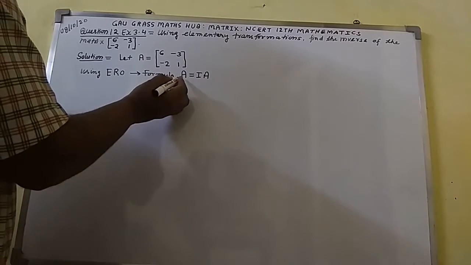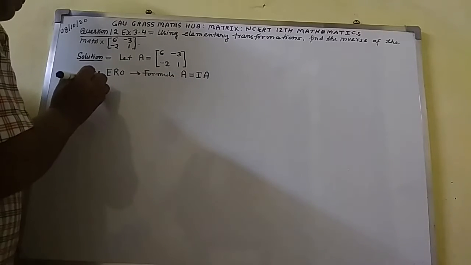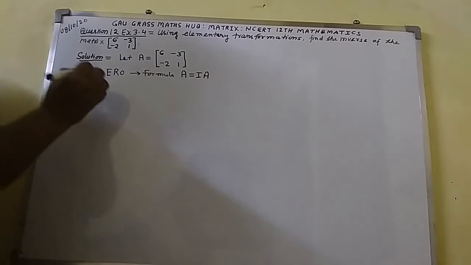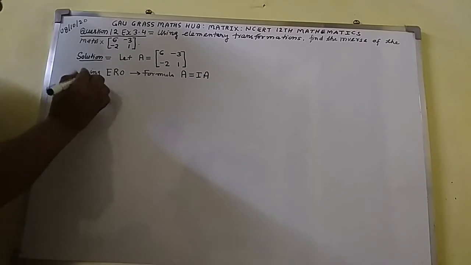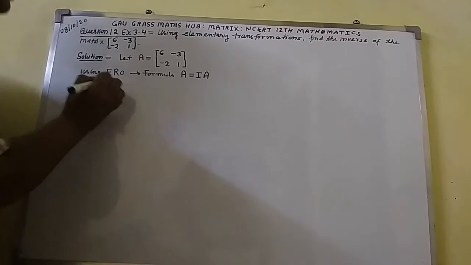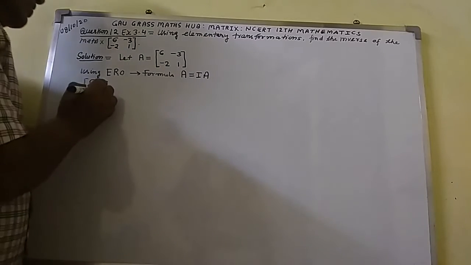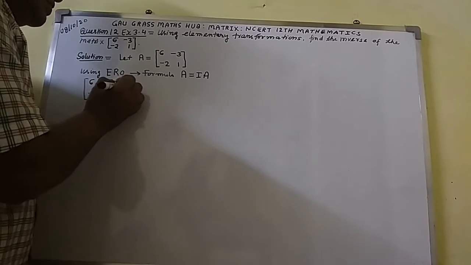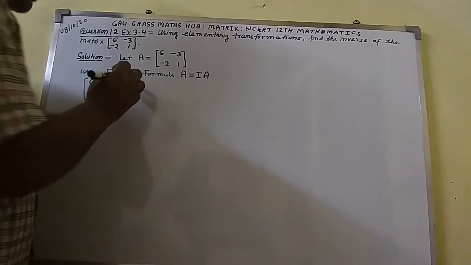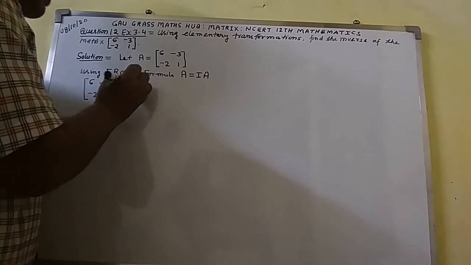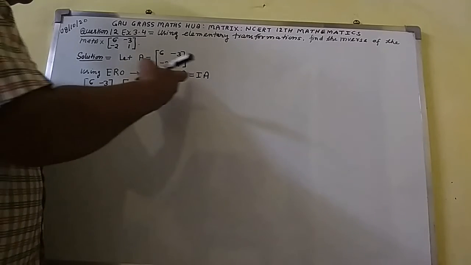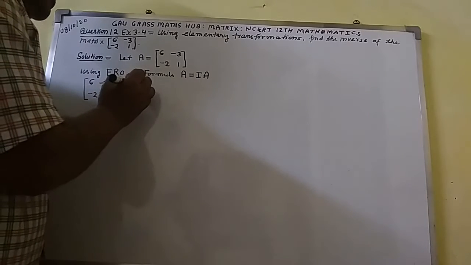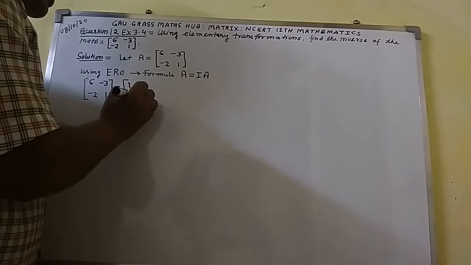In place of capital A, I shall write [6 -3; -2 1], equal to the identity matrix [1 0; 0 1].